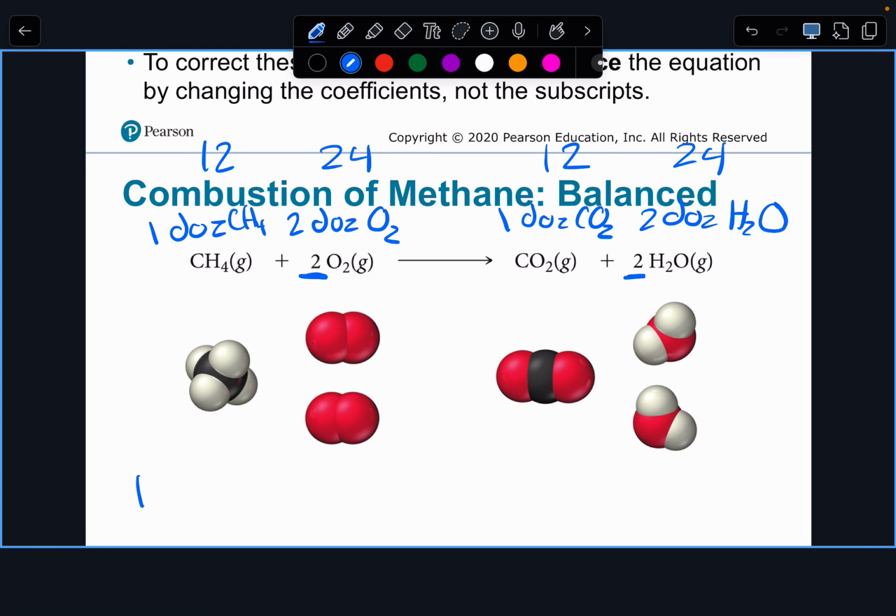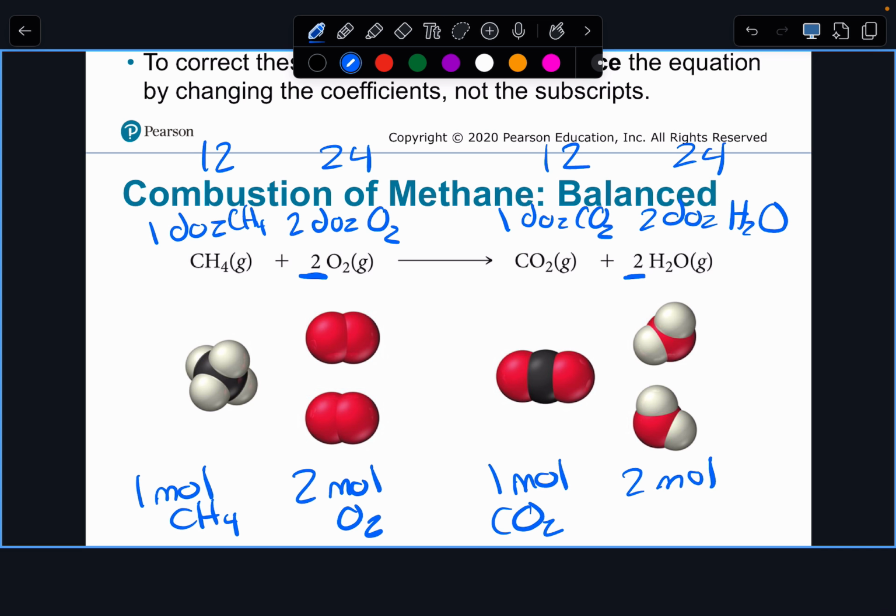Saying 1 mole of CH4 molecules and 2 moles of O2, we're just scaling up that ratio. 1 mole of CO2 and 2 moles of H2O. We're just scaling that up so that it's on a scale that we can measure. We can't measure a single molecule, but we can measure 6.022 times 10 to the 23rd molecules. That's much easier for us to measure.